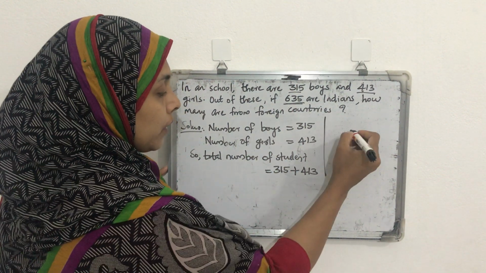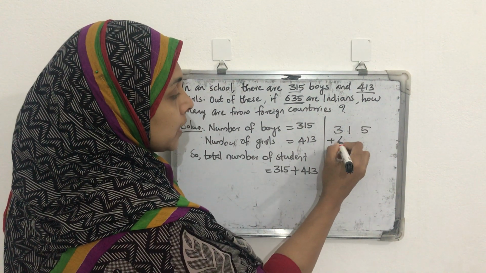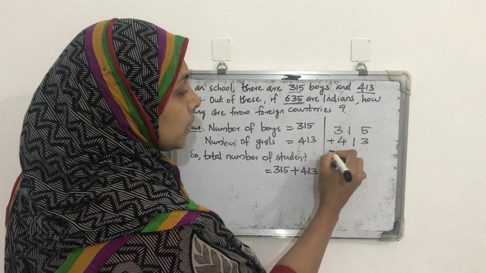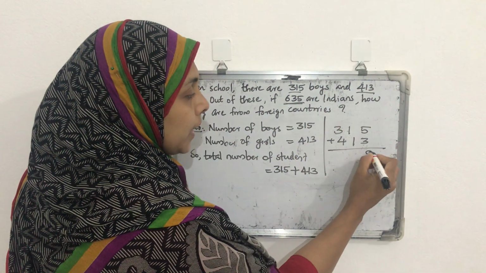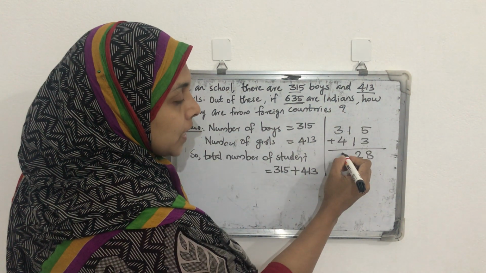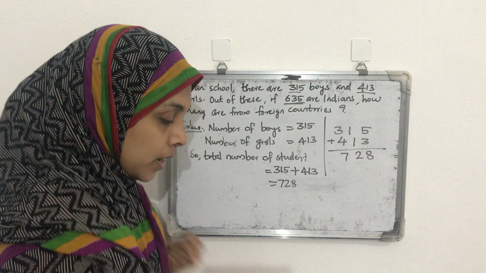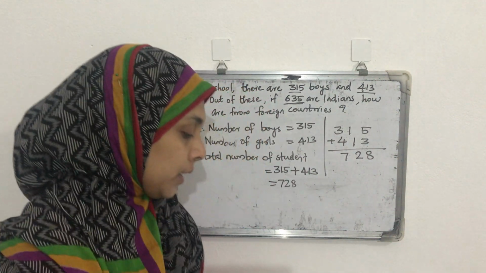That we can do in the working column. Add 315 plus 413. 5 plus 3, 8. 1 plus 1, 2. 4 plus 3, 7. So how many total students are there? 728 total students are there.